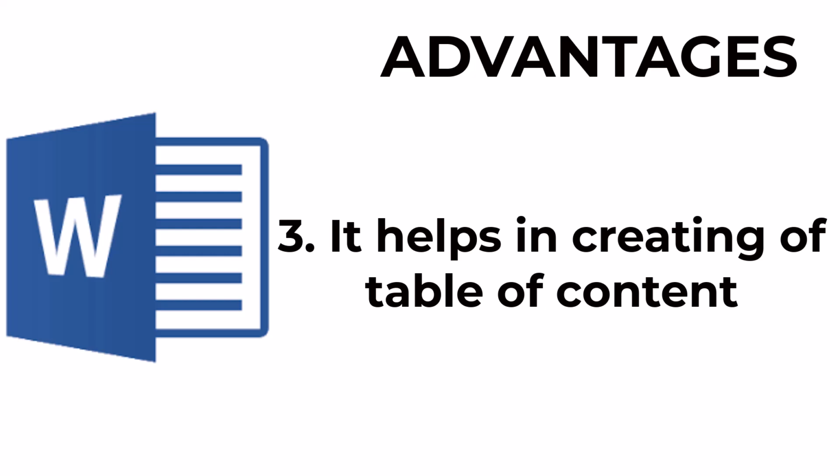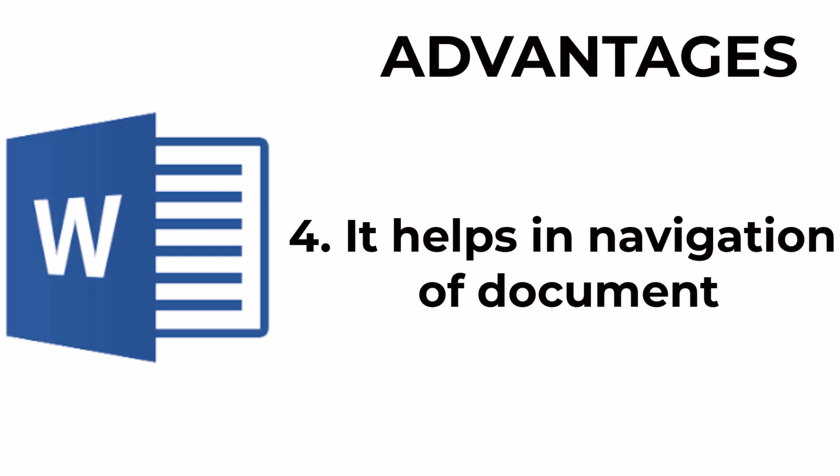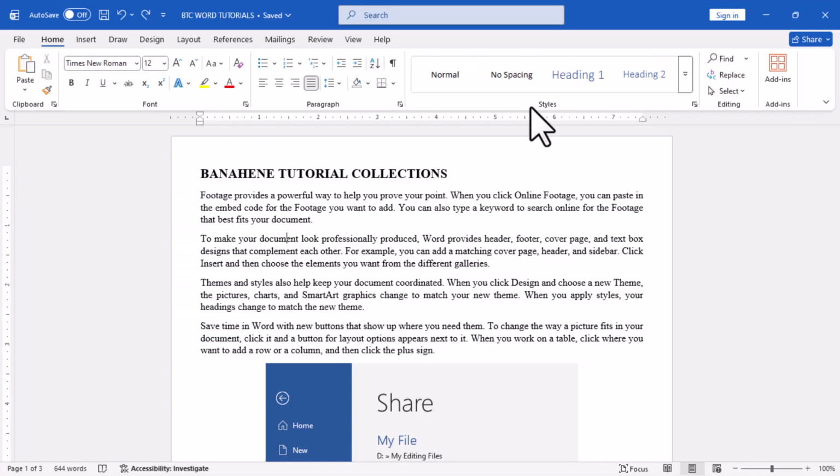The Styles group will direct you and help you to create a table of contents in an easy way. And the last advantage is that it helps in easy and improved navigation of Word documents. So these are some of the advantages of the Styles group in Microsoft Word.